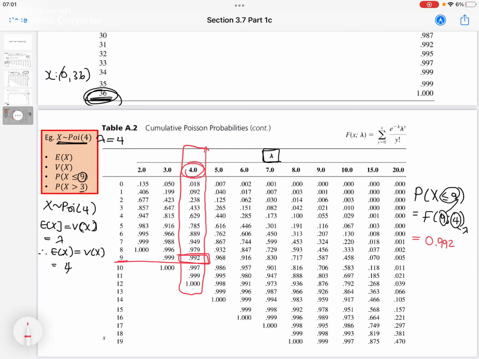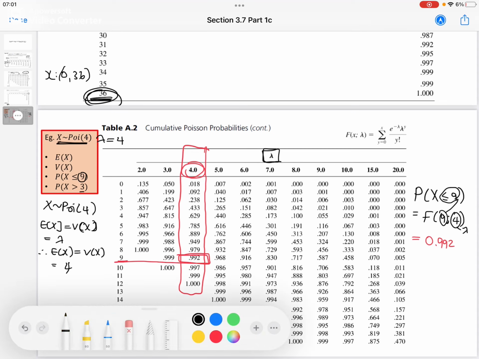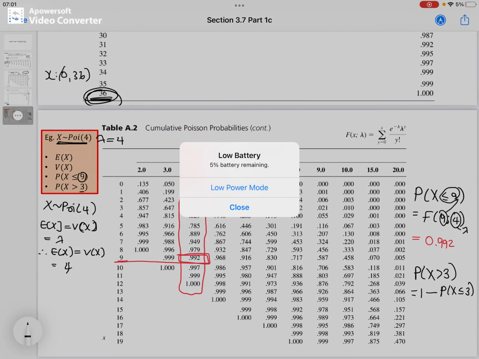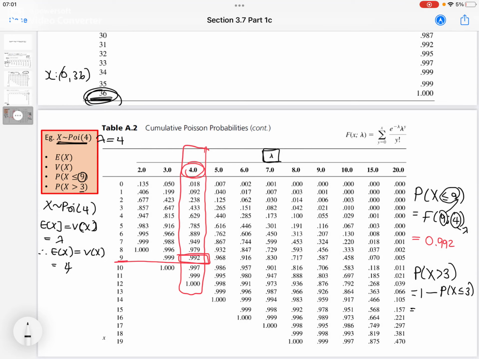Now let us calculate the probability that x is greater than 3. The probability of x greater than 3 is the same as 1 minus the probability that x is less than or equal to 3. This is equal to 1 minus F(3; 4), where 3 is at most 3, and 4 is because we have lambda equal to 4.